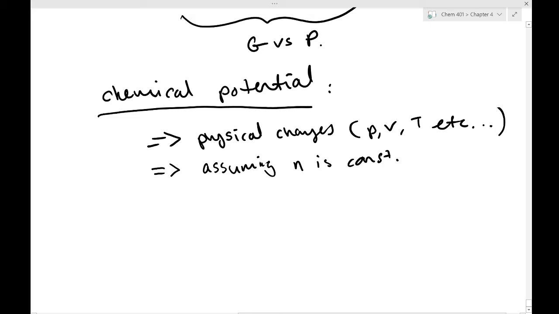So for all of these natural variable equations, all of the partial derivatives that we've written, even though we've been writing them as, for example, dU/dV at constant T, they should really be written as dU/dV at constant n and T.